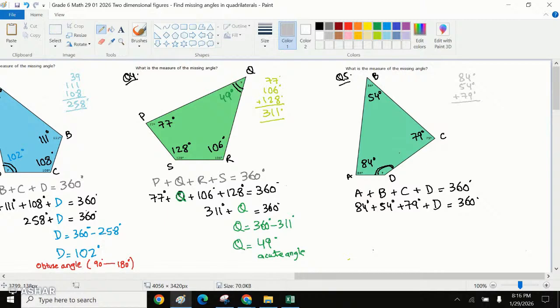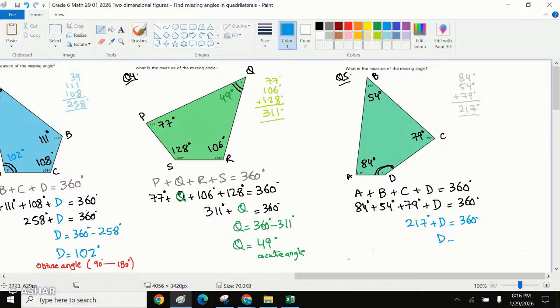So if we add 84 plus 54 plus 79, it comes out to be 217. So we can say over here that 217 plus the angle D should be equal to 360, because 217 was the sum of 3 angles, right?